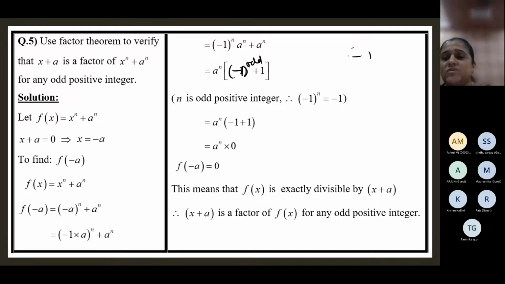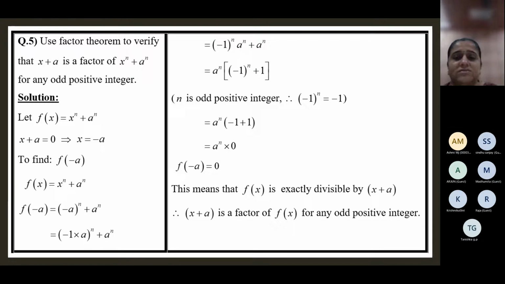So when minus 1 is raised to an odd power, say 11, the answer is minus 1. When minus 1 is raised to an odd power, like say 91, the answer is minus 1. It's not 91. 1 into 1 into 1 into 1, 91 times. Then minus into minus into minus 91 times. That will be minus 1.